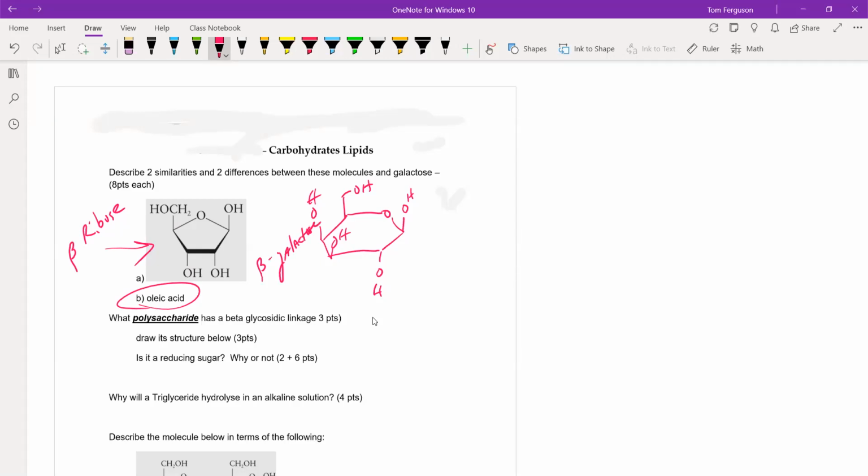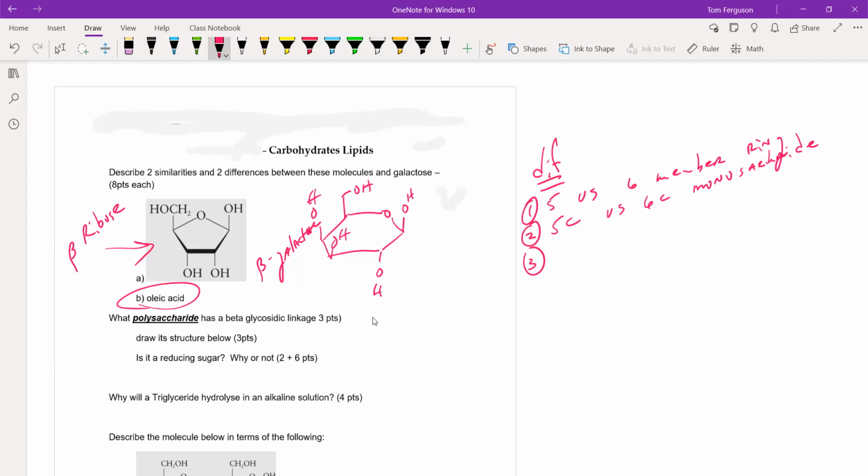Okay, so let's look at the differences. 5 versus 6 membered ring. Five carbon versus a 6 carbon monosaccharide.